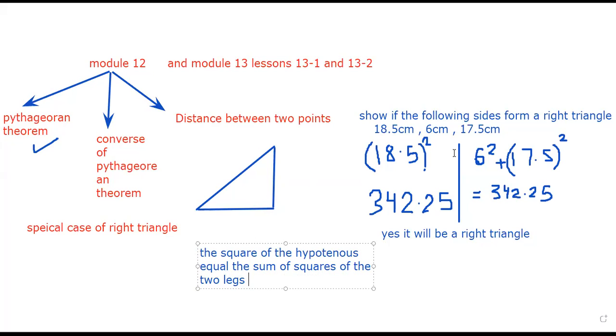Like this question, where is the hypotenuse? The longest side, which is 18.5. Then 18.5 to the power of 2 equals the sum of the squares of the other two sides. So it's not only the sum of the sides, but the squares of the sides.